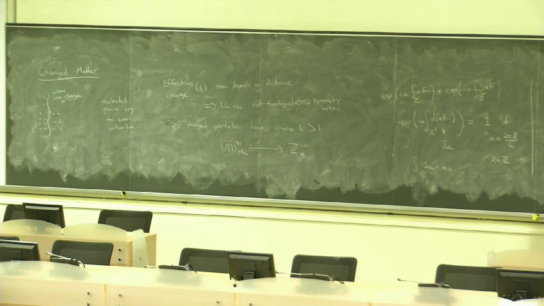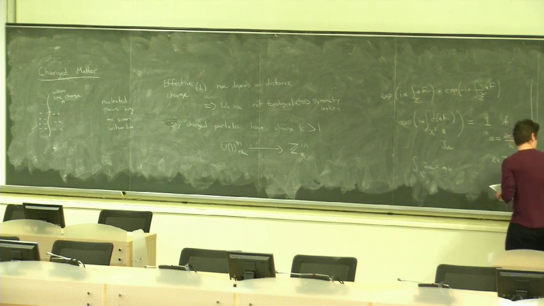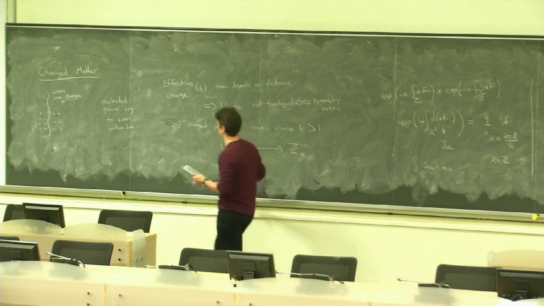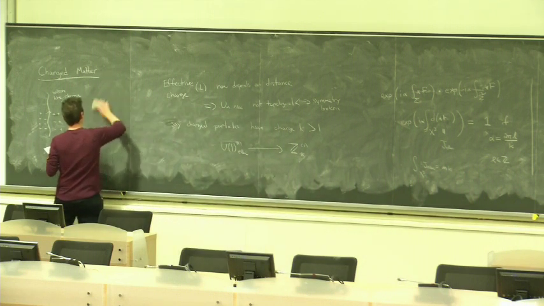So we don't need to know too much about representation theory, but one thing we do need to know is that all the representations can be made from the fundamental.